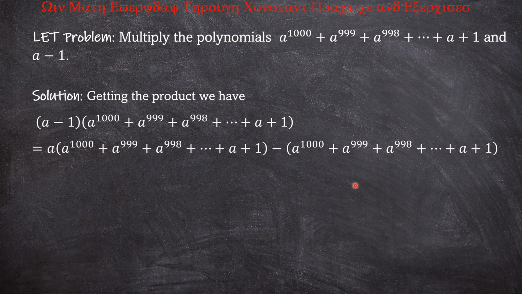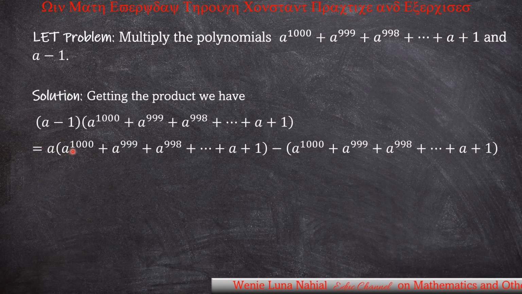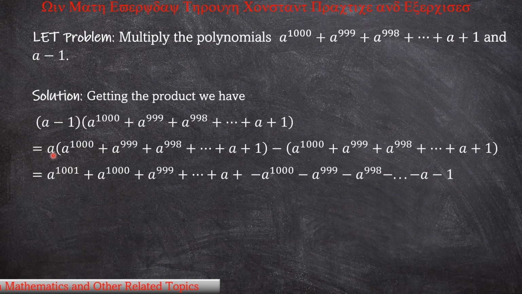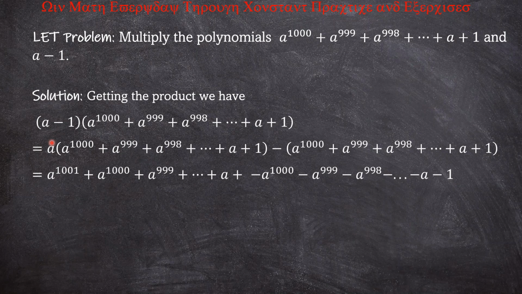To get the product, you have to distribute this a to each term inside this quantity. So a times a raised to 1000 is equal to a raised to 1001, because when you multiply powers of the same base, you add the exponents. This is understood to have an exponent of 1.